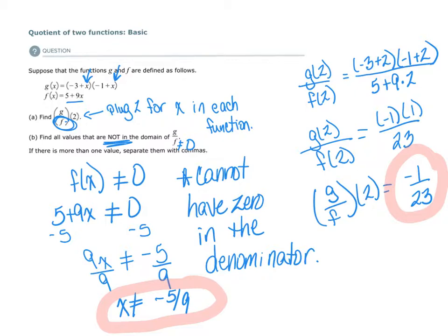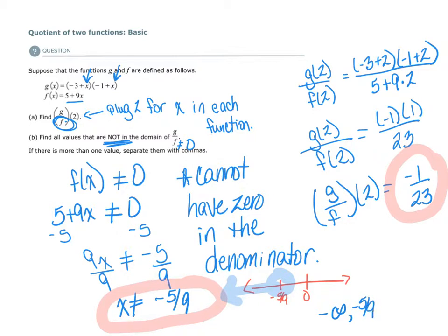You might be asked to put that in interval notation. If you are, just go ahead and draw a number line. Here's -5/9. That's what x can't be. We have to have a circle there. So I'm going to have negative infinity to negative 5/9.